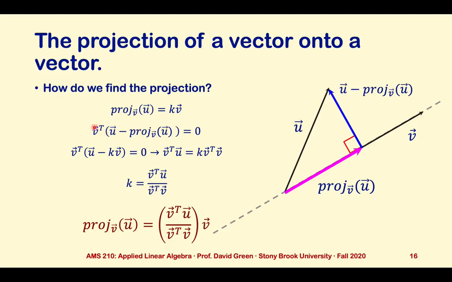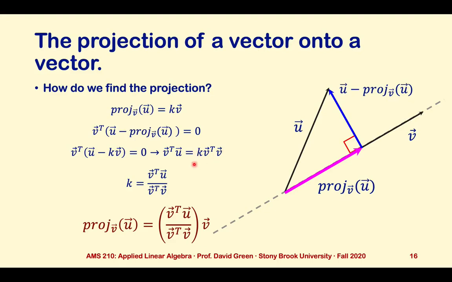And if we substitute in kv for this projection piece, that gives us v transpose times u minus kv equals 0. We can multiply the v transpose through, and move one of the pieces to the other side, and we get that v transpose u must equal k times v transpose v.